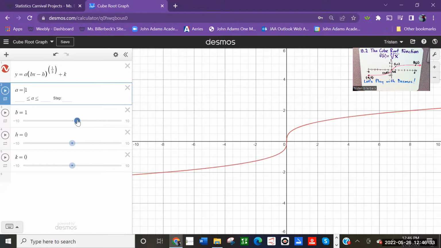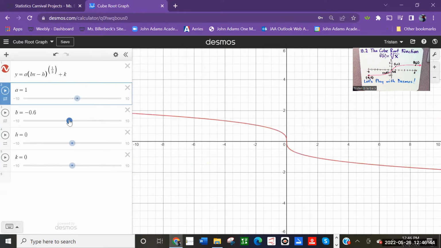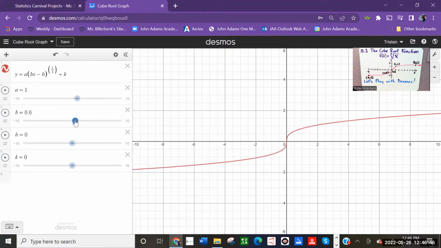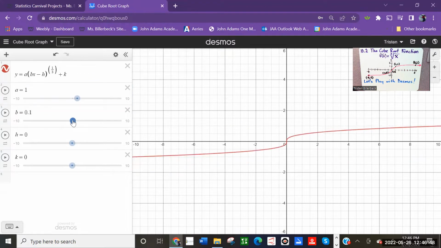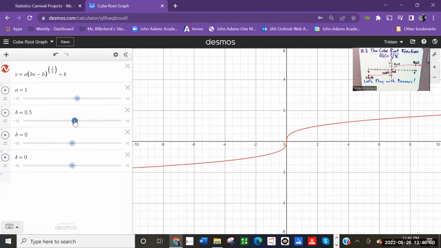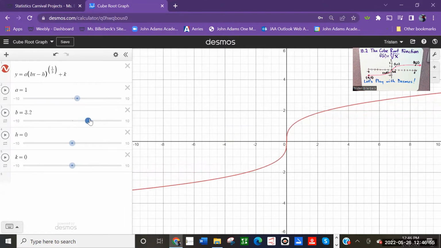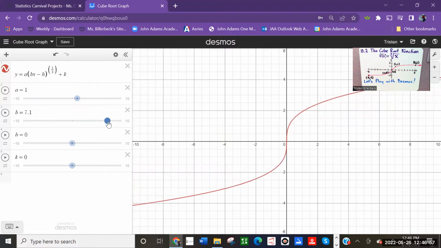Okay, the b, well, it was a horizontal stretch or vertical compression when it was a fraction. Let's see, yes, it does the same thing. See how it's getting closer to the x when it's a fraction? And so as it gets larger, it moves farther away from the x.